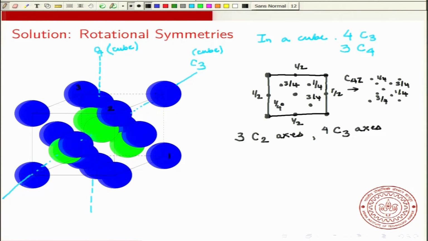In fact, what is interesting about the diamond lattice is that the coordination number is equal to 4. So in a diamond lattice, again we will see this in more detail, but the number of nearest neighbors for any atom is 4.